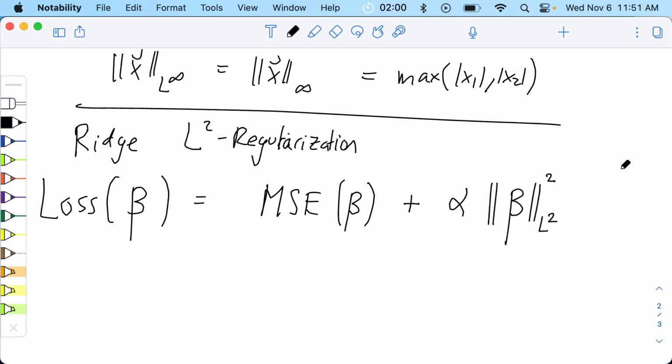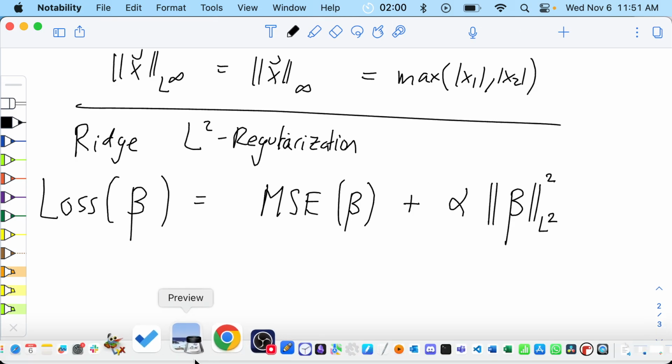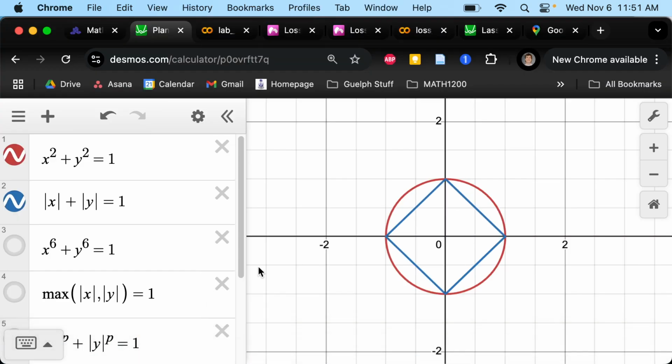So this is what we did before. Last time I didn't say L2 squared. I just gave you the formula, which was the square of the components, but that's really what we're doing. We are thinking of this plane as the beta values, so you can imagine beta 1 and beta 2. We're measuring how bad a beta is by how far away it is from the origin using the ordinary circle.